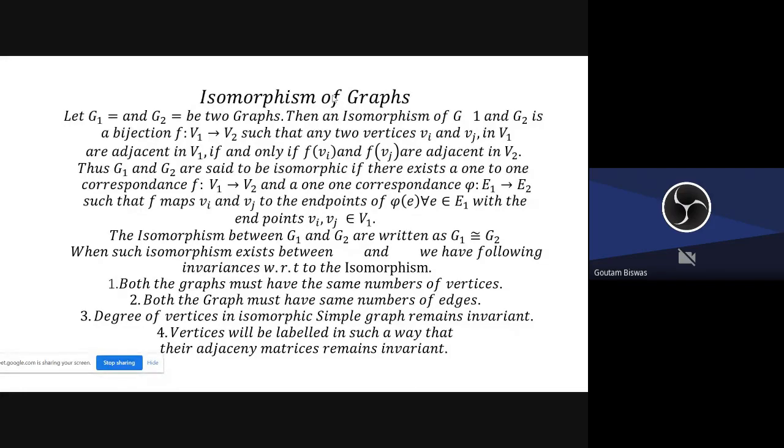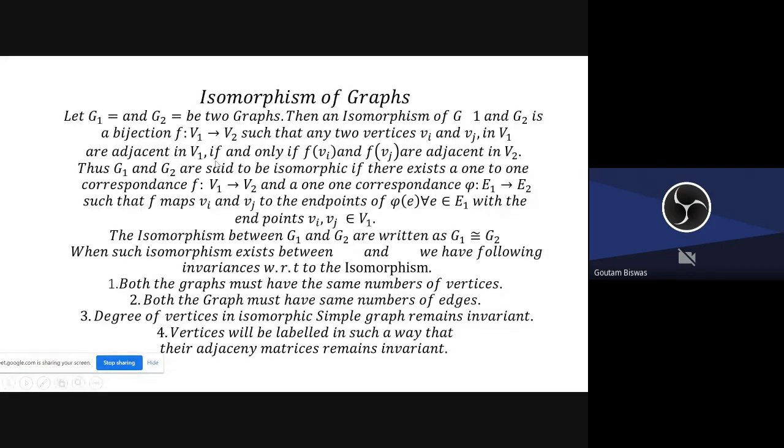If that's so, then the triangles will be called congruent. So the congruency of 2 geometric figures is synonymous to the isomorphism of the graphs. Okay.